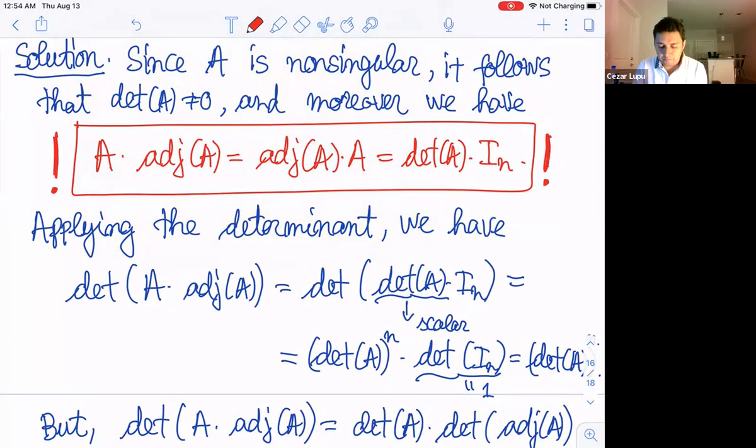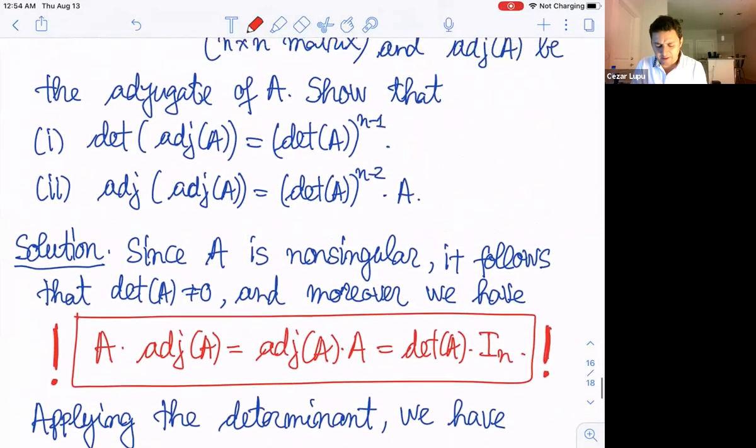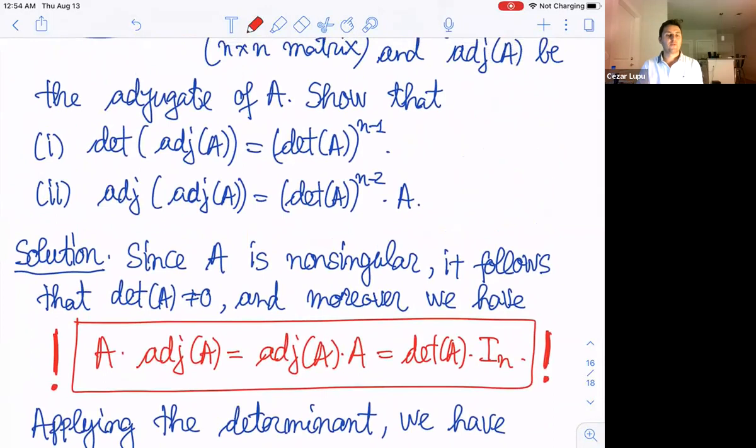Now we want to make use of this property in a slightly different way. Look at what I have to prove.